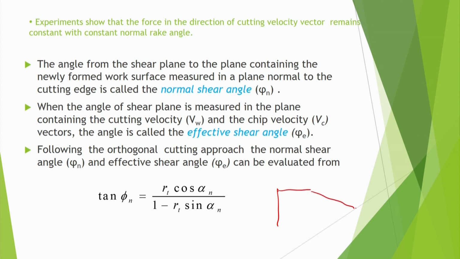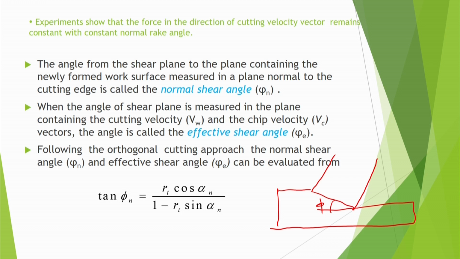It was like this, the chip is flowing like this, and this angle was phi. But in 2D there is only one plane, the plane of paper. Here I define the normal shear angle in a plane which is normal to the cutting edge. Same thing measured in that plane becomes phi n.